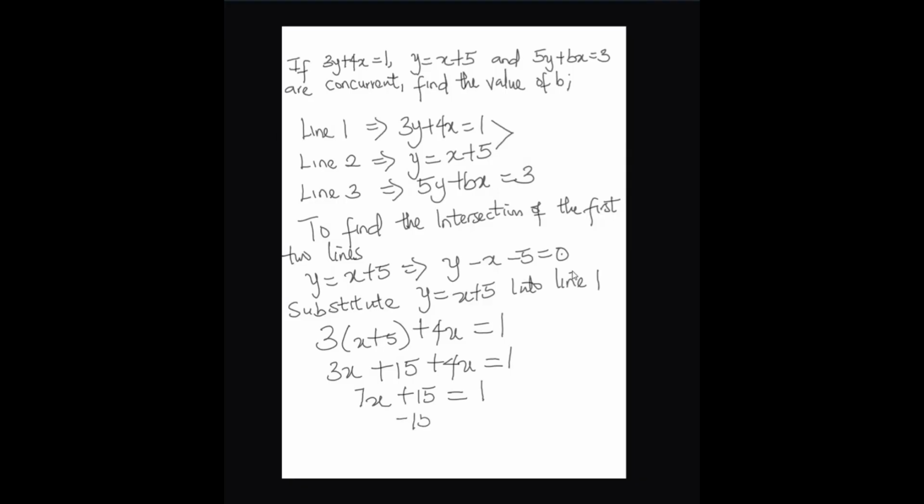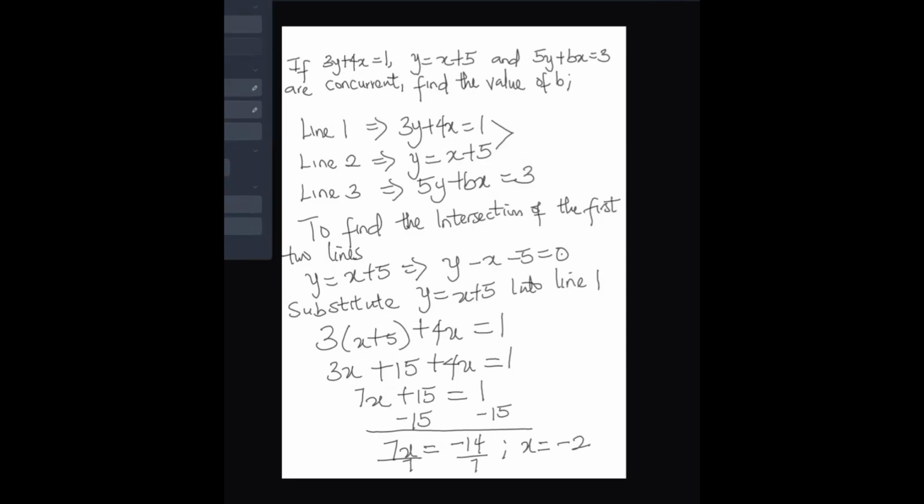I'll simply have 7x = -14. And if I divide through by 7, it implies that x is just -2. Now that we've gotten that x is equal to -2.